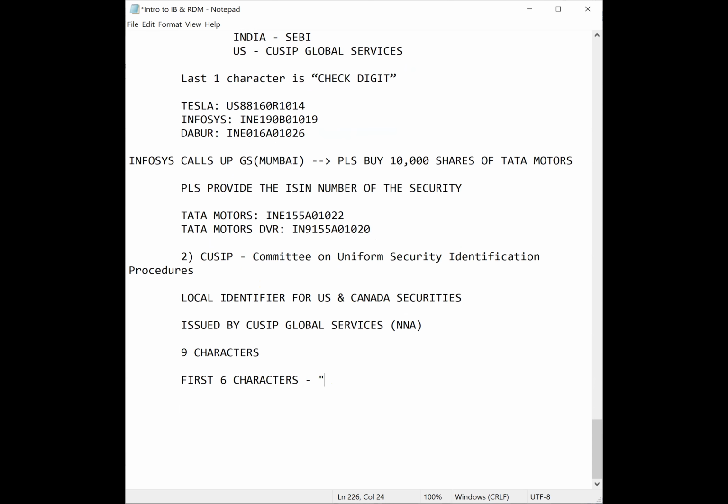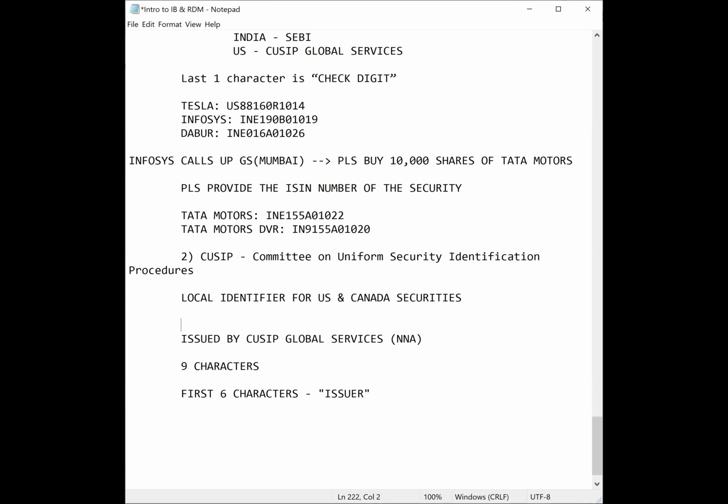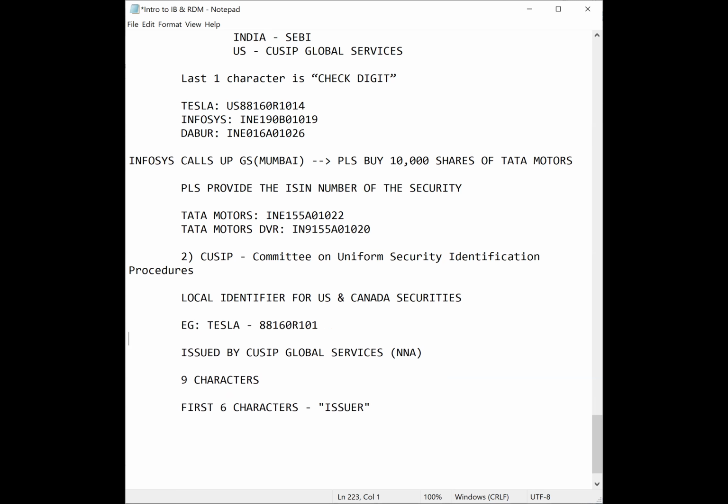First 6 characters represent the issuer. So let's say this is the CUSIP number for Tesla. First 6 characters represent issuer Tesla.